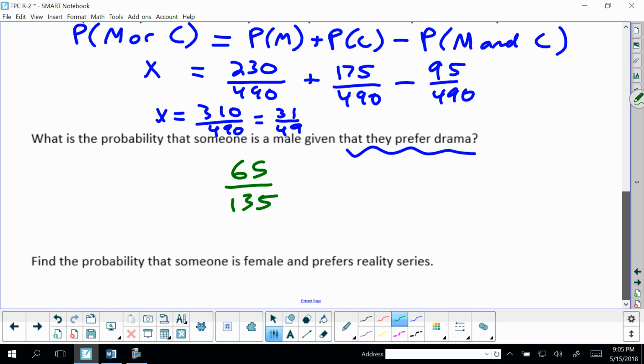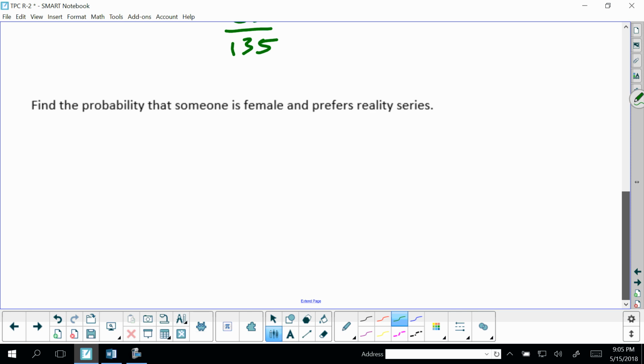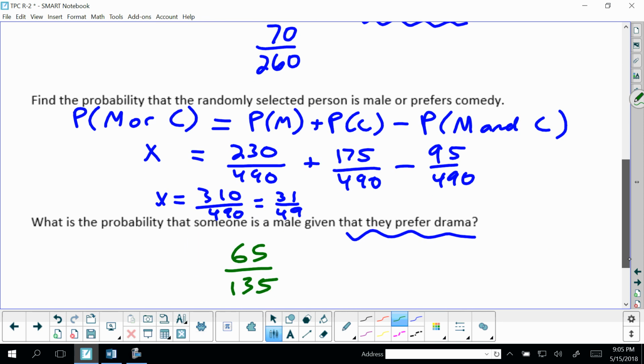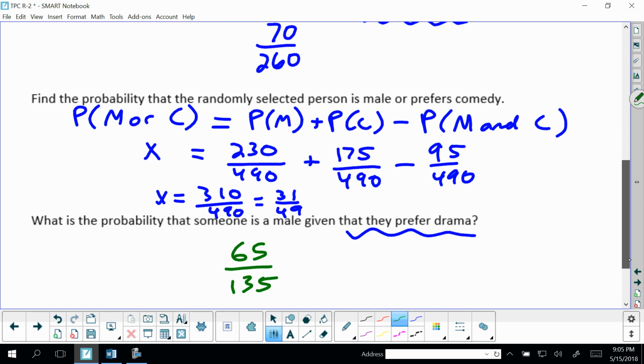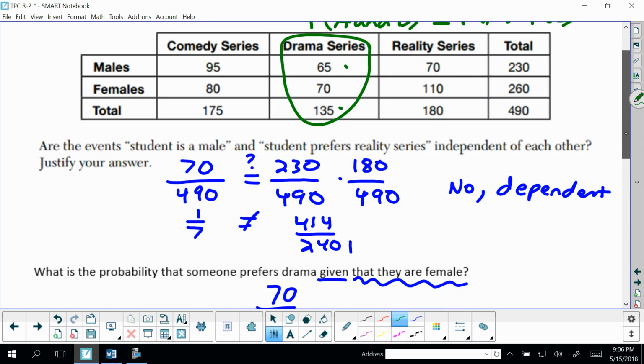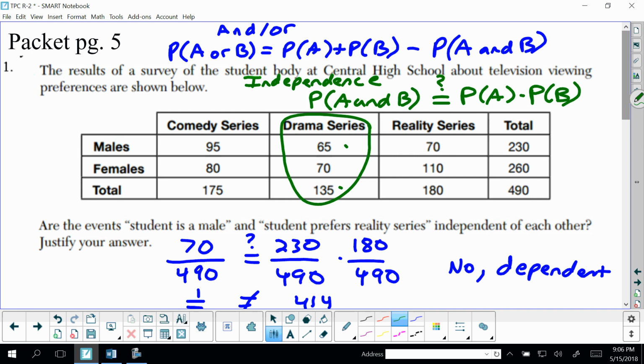And lastly, find the probability that someone is female and prefers a reality series. When you have an and and you've got the table, just look where they crisscross. So we want female and reality series. The box where female and reality series crisscross is right here, the 110.